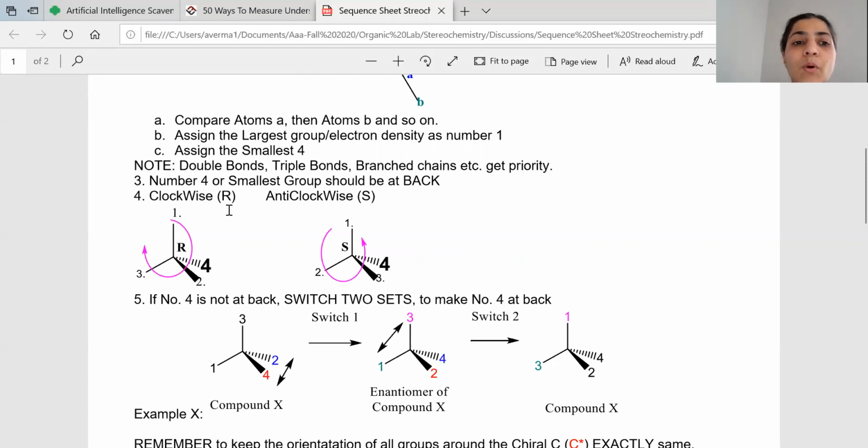This would help you hold the group down and then see if your groups are moving from number 1, 2, 3 in a clockwise manner, or are your biggest groups moving from 1, 2, 3 in an anti-clockwise manner. Clockwise means R, anti-clockwise means S has to be labeled here.